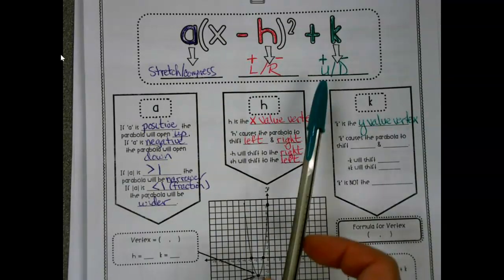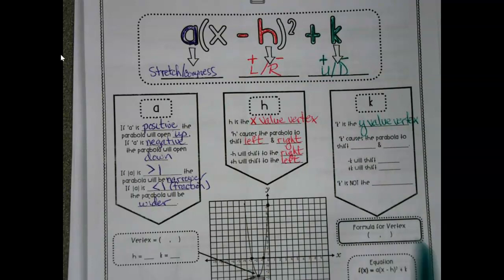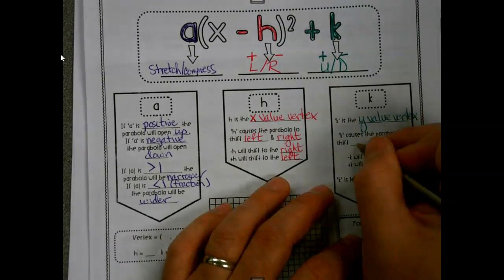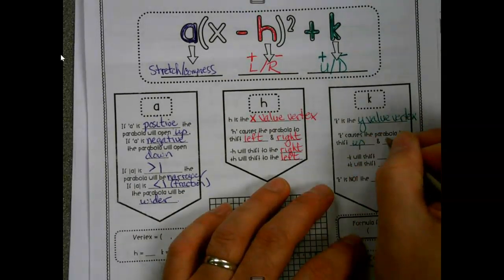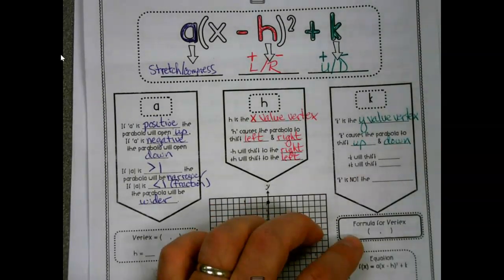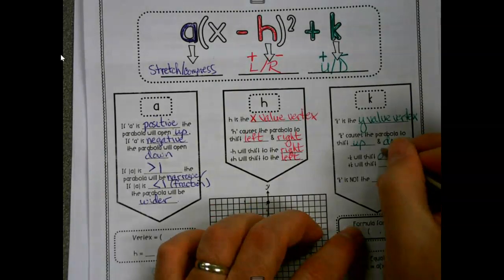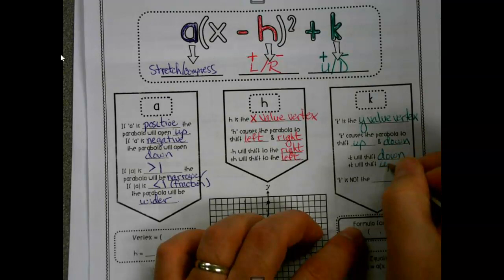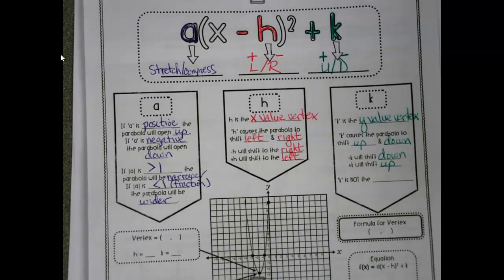So again, I mean, you've got it here, but I'll put it down here as well. So k makes your parabola go up and down, minus k will be down, plus k will be up.